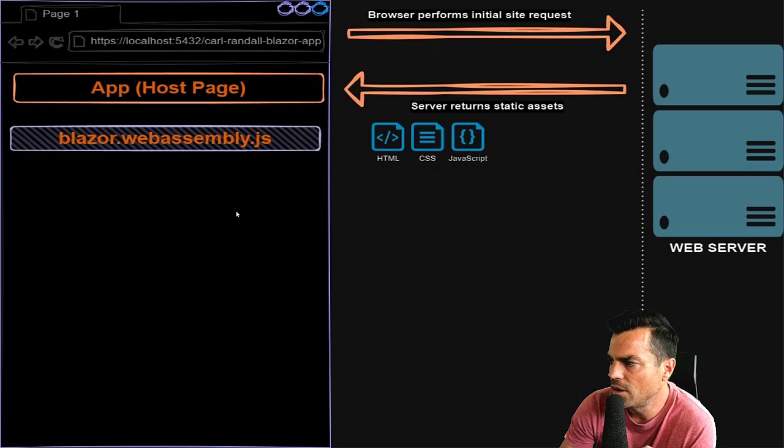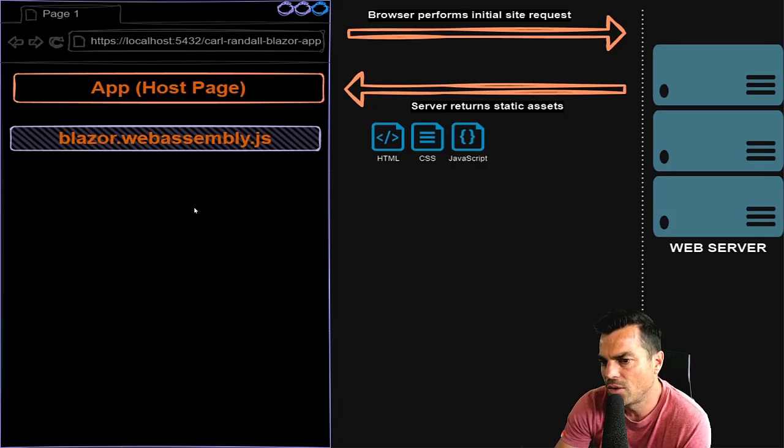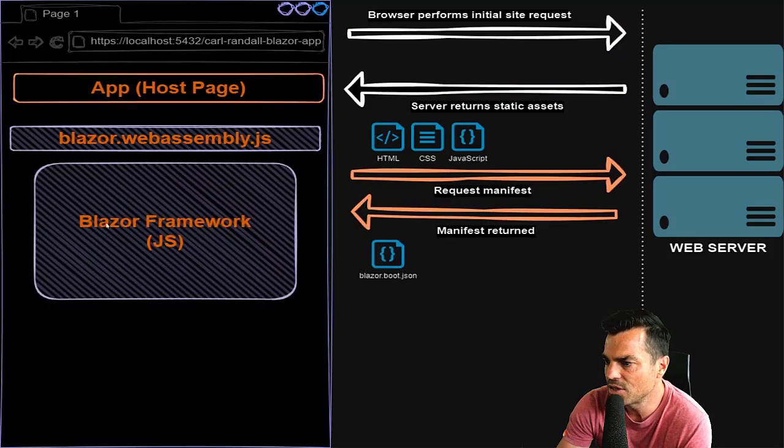And this is really quite special because part of the Blazor framework, in the case of the Blazor WebAssembly hosting model, actually resides in JavaScript and is contained in this blazor.webassembly.js file. And we can see that depicted here.